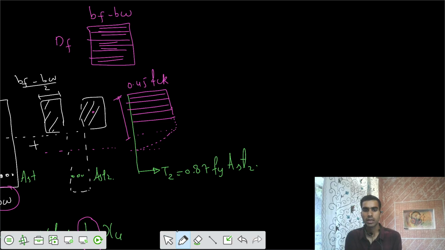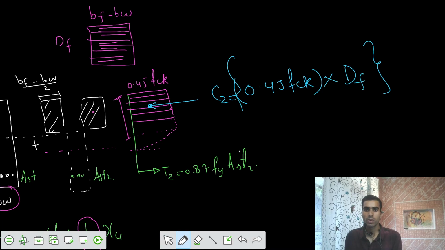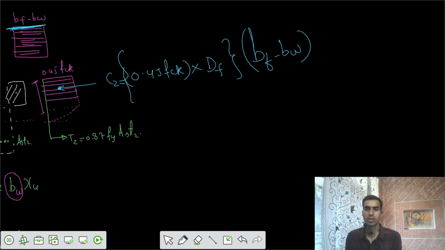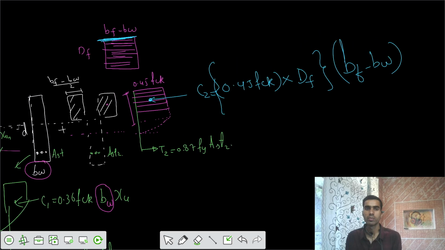The C2 force is the stress times the area of the stress block, and the dimensions of that cross section are BF minus BW. So this is the C2 force we have.